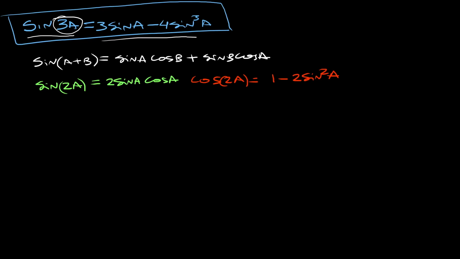So now that we have both these expressions, let's recap what we have done so far. Sine of 3a is the same thing as saying that we have sine of 2a plus a. So our initial expression was sine of a plus b. So this is the first term and this is the second term.